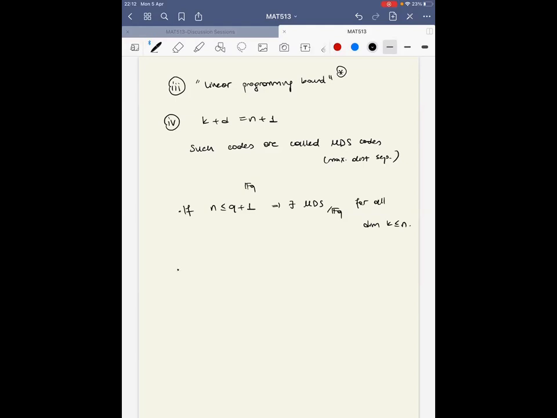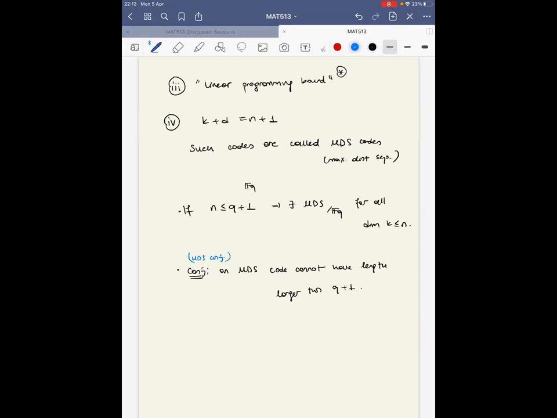However, there is a famous conjecture, known as the MDS conjecture, which roughly says that an MDS code cannot have length larger than q plus 1, except in some very special cases.